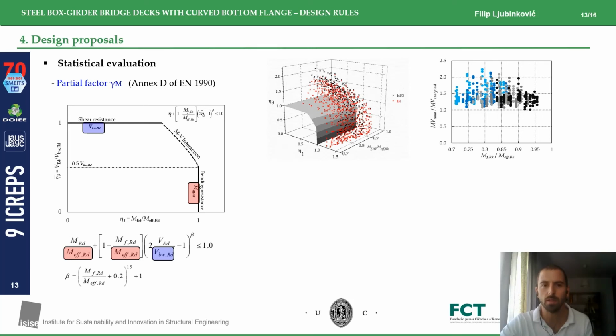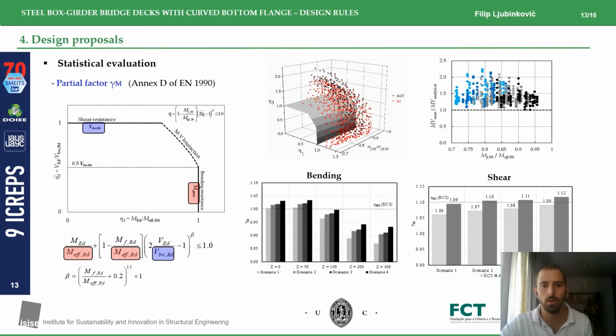So we can safely apply this MV interaction criterion. And then we calculated the partial factor gamma M separately for the bending and for the shear resistance model that we proposed. And we came to the conclusion that the same partial factors that are used for the trapezoidal box girders can also be used in this innovative bridge cross section.